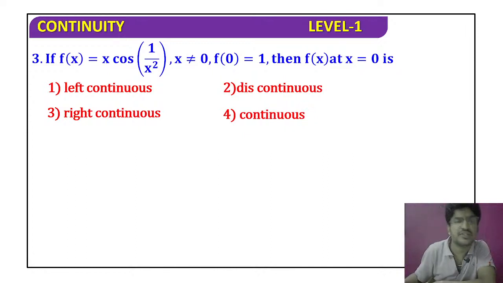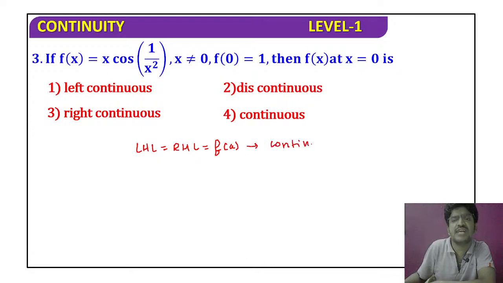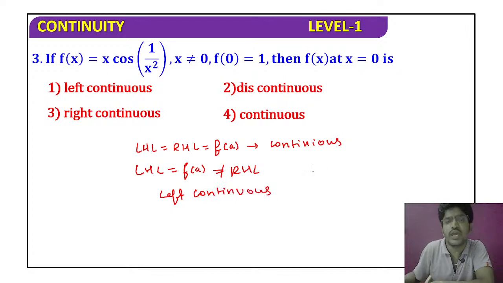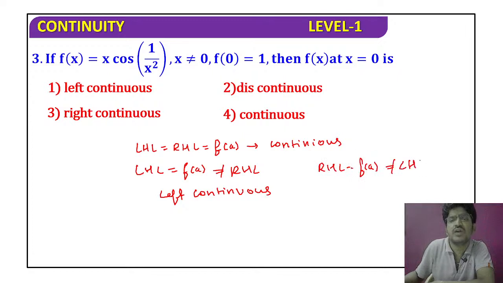Okay, so my dear students, here you just see, if LHL is equal to RHL is equal to f of a, we say this is continuous. Suppose LHL is equal to f of a, but that is not equal to RHL, it means it is left continuous. In the same way, if RHL is equal to f of a, but that is not equal to LHL, it means it is right continuous.